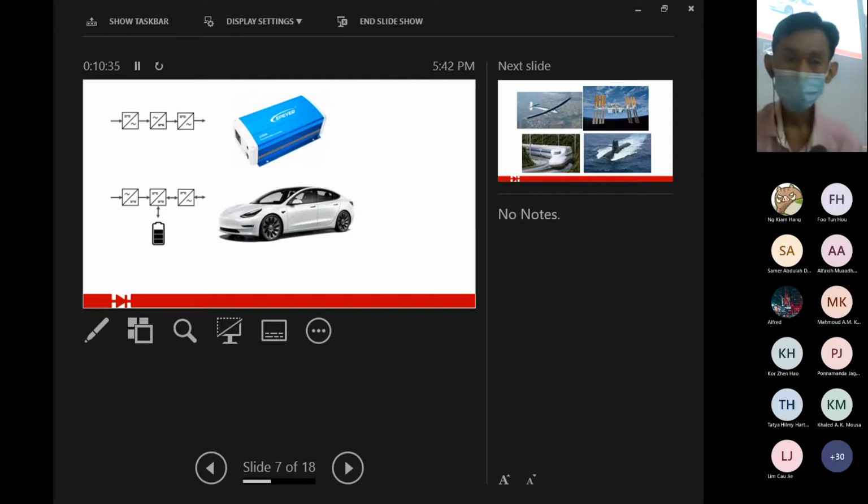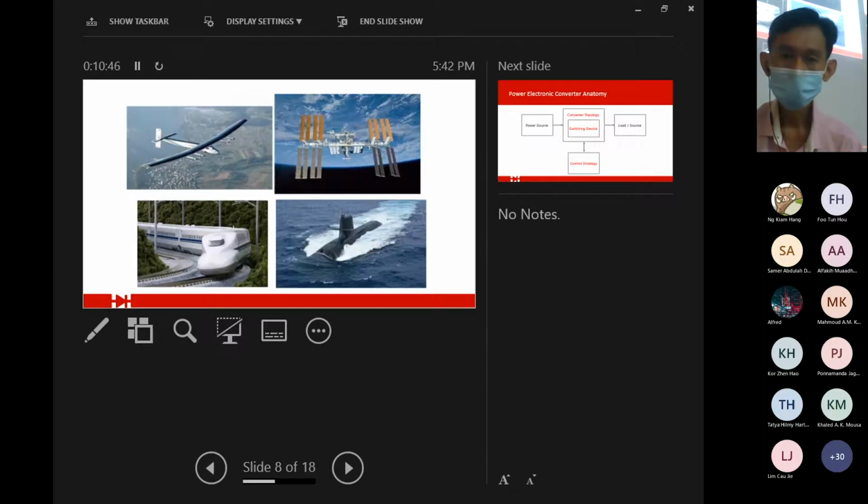So it's widely used in electric vehicles, for what we call the bidirectional converter. And of course, it can be used in things like the Shinkansen train, even our LRT, driven by power electronics.